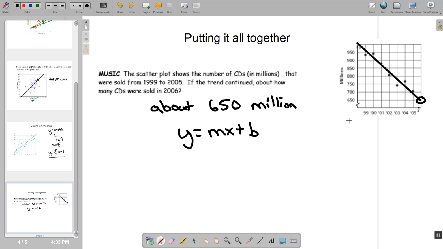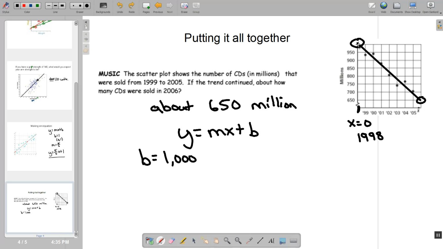And we're going to say that x equals 0 at the year 1998, which would be right here. So at that year, it looks like our b value is 1,000. So b equals 1,000.